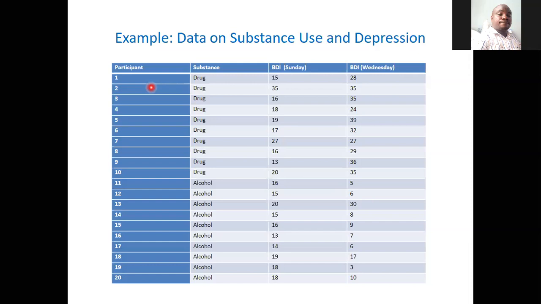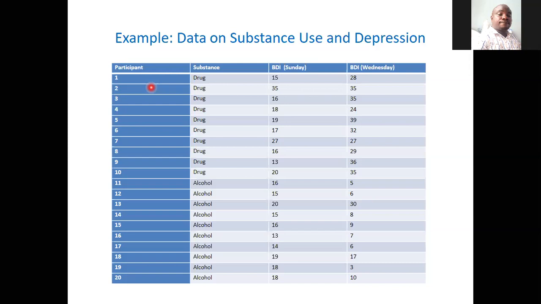During the week, it's possible somebody is more depressed than on Sunday, when the person may at least go to church and listen to a sermon. I don't know why, but we have different scores on Sunday and Wednesday, for both drug user and alcohol user.